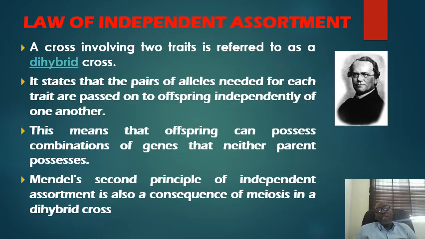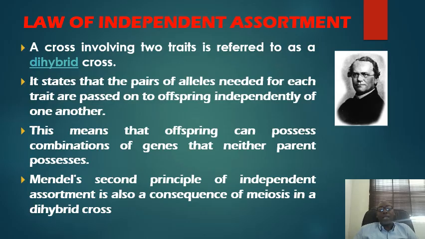Let's take a look at the second law of Gregor Mendel, which is the law of independent assortment. This was his second experiment, and it involved a dihybrid cross experiment, not the monohybrid cross that gave rise to the first law of inheritance, but a cross involving two pairs of contrasting characters.